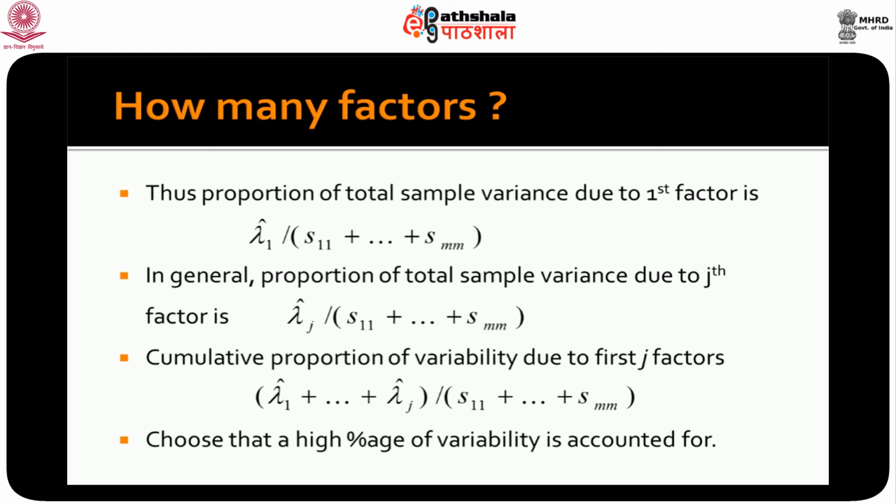That's how we actually choose p. We select p such that the contribution reaches a certain proportion. And remember that the eigenvalues are ordered. So we'll start with the first one, go to the second, then to the third, and see how much of the total variability they together account for. And once that is done, we will be able to stop, taking into account the amount of variability that we would like to obtain.